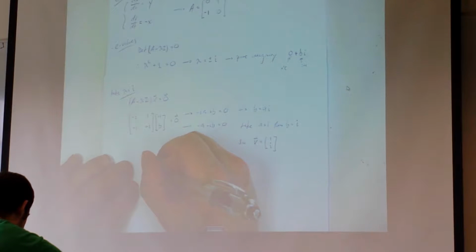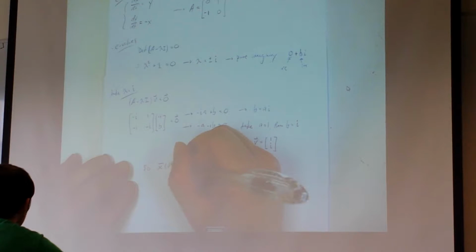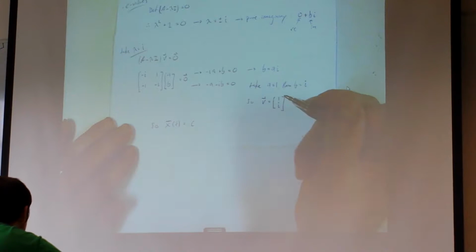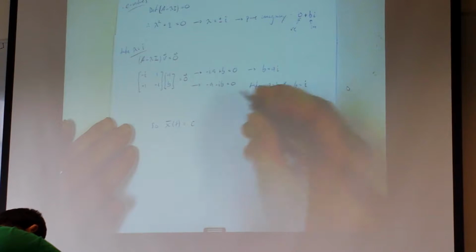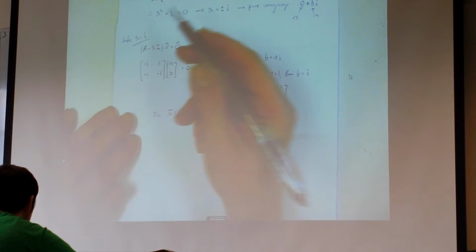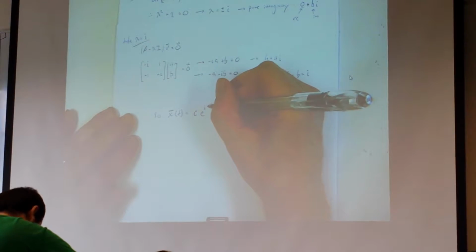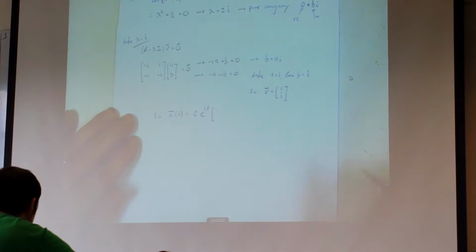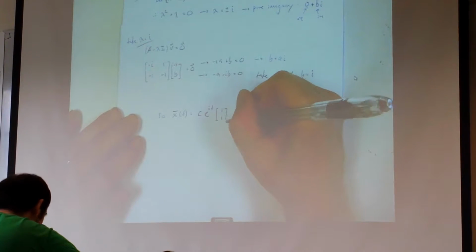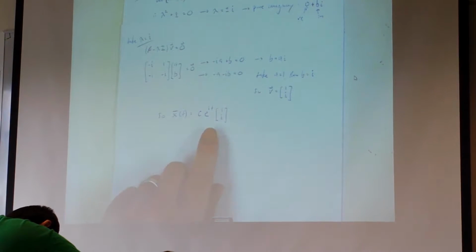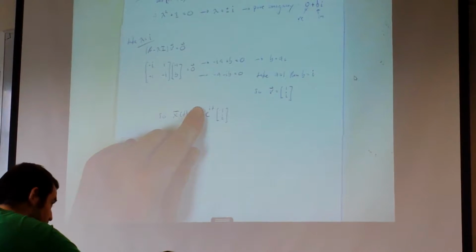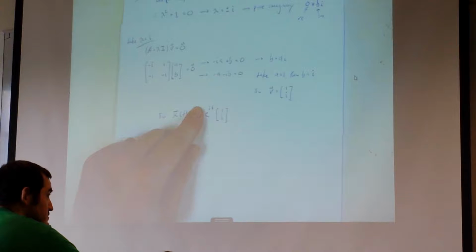So our solution, x of t, any constant multiple, I'm going to call it c for now, not c1, c2, is e to the lambda t, and we just got i, times our v, which we got (1, i). Obviously e to the it is going to involve cosine and sine. Euler's formula: e to the it is cosine t plus i sine t.